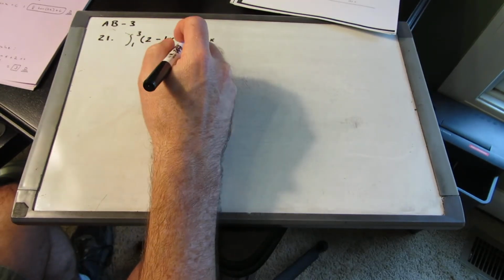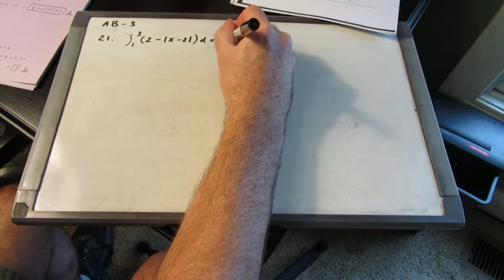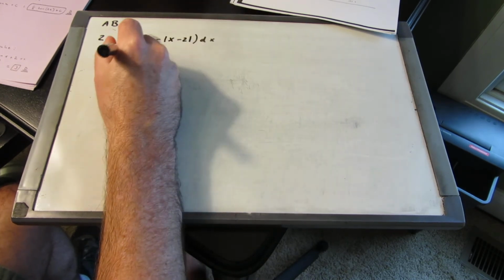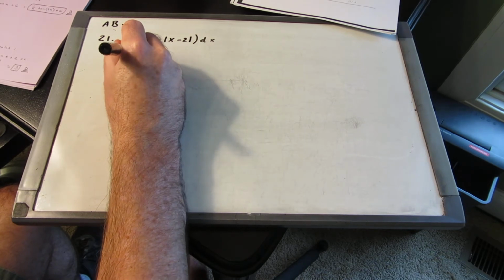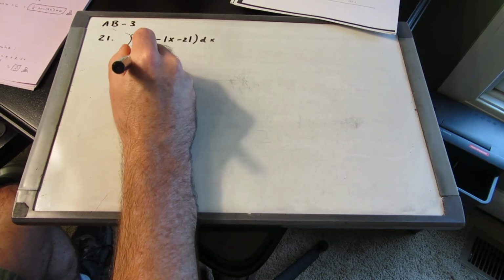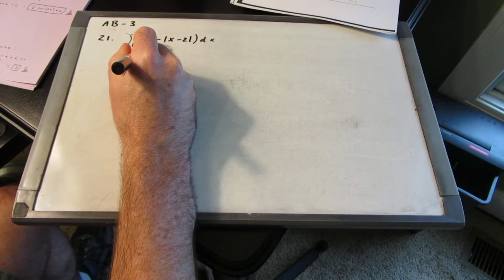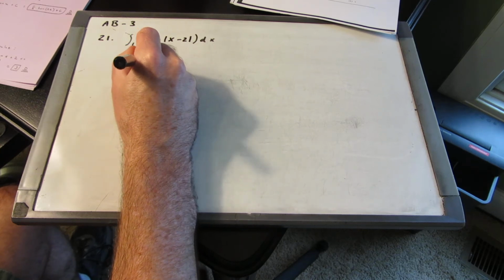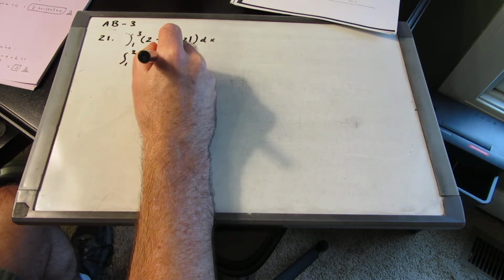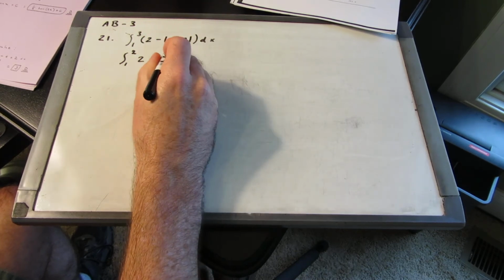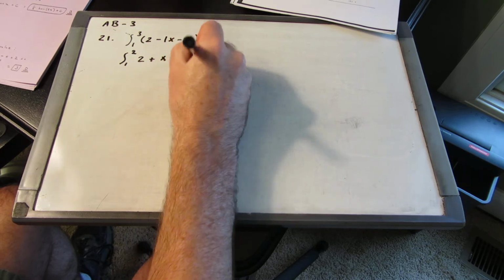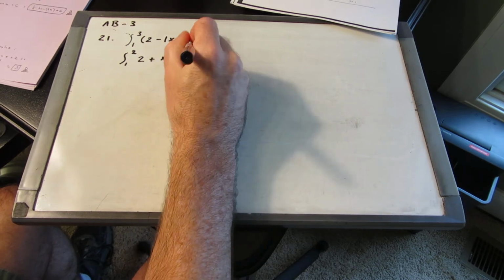If you want to think about it, we have to split it up into two parts. Between 1 and 2, we want to do 2 plus x minus 2. So we're just plussing and minusing this absolute value, dx. So that's the first half.